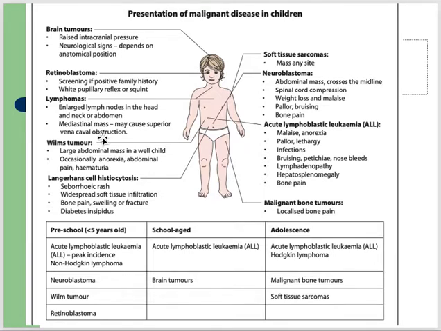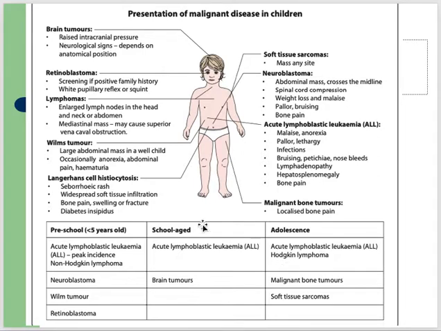It could be Hodgkin lymphoma as well as non-Hodgkin lymphoma, so it could be any one of them. Non-Hodgkin lymphoma is more common in babies less than 5 years of age, and Hodgkin is more common in adolescents. If you want to know more, there is a video in the hematology internal medicine section talking about lymphomas in detail.